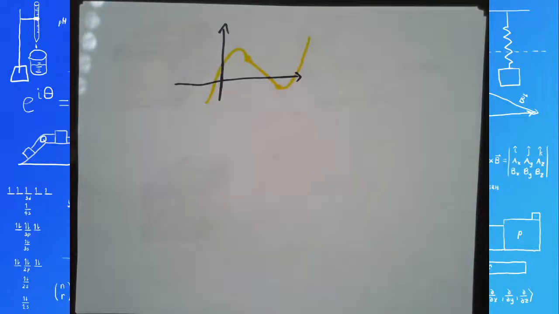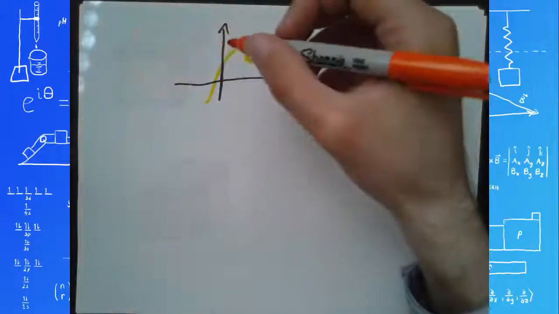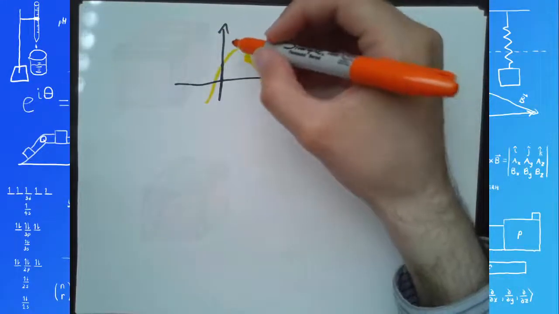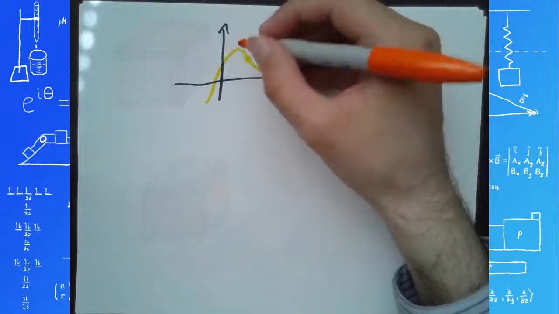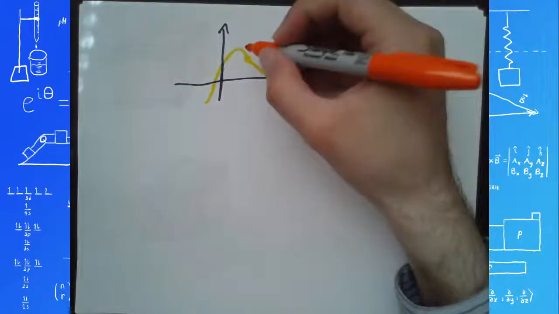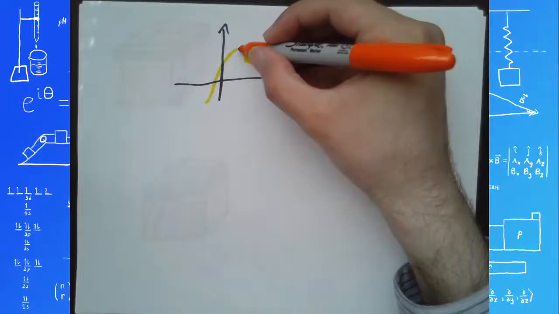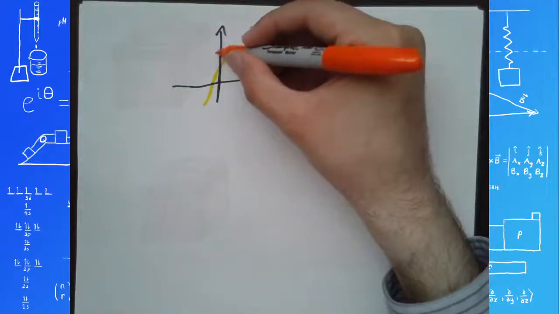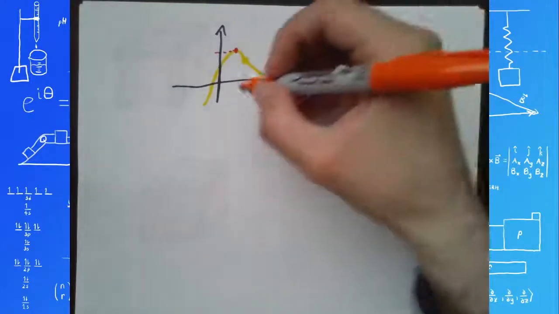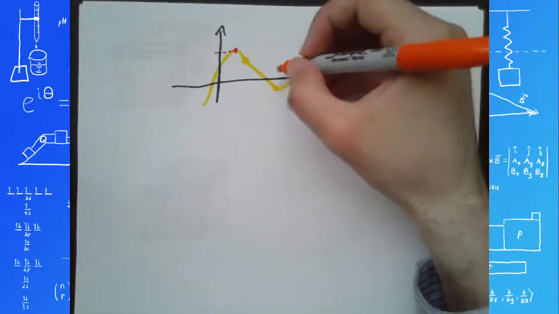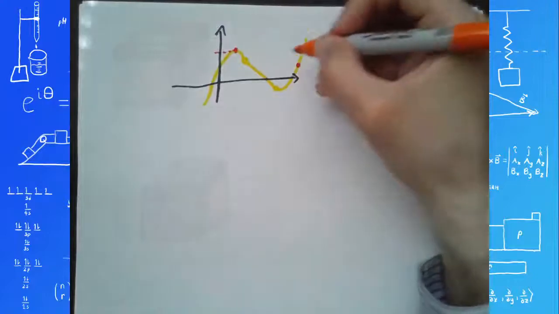So the intermediate value theorem says that if I have two given y values, let's say this one over here, and let's also say this one over here.